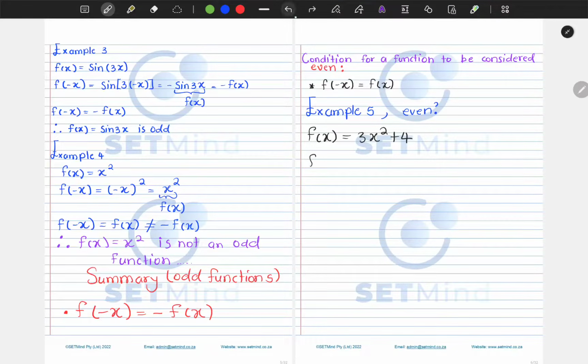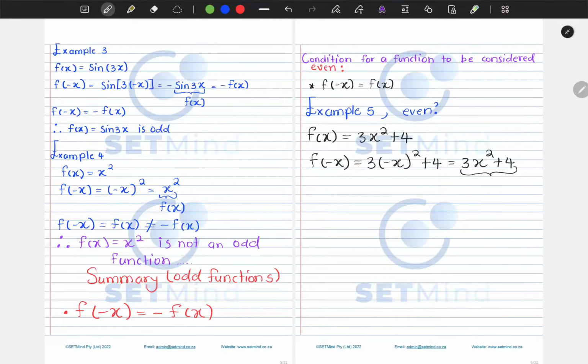So what I'm going to do is go and do f of negative x. So meaning wherever I see x, we go and put negative x, we square that, we put in a 4. When we square negative x, by now you should know we just get x squared, then plus 4.